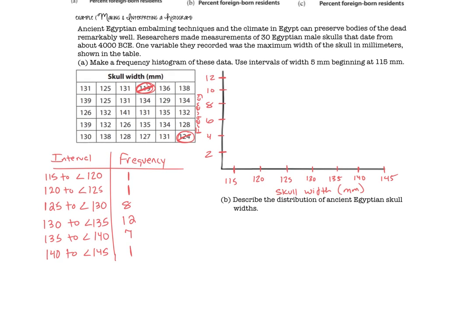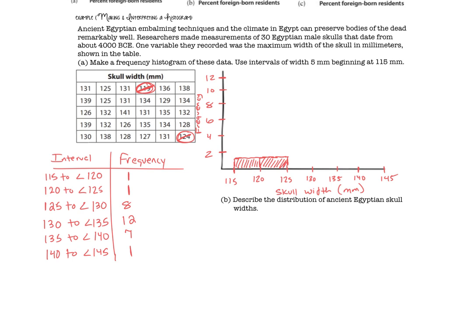And so what we're going to do is, from 115 to 120, we had 1 data point, so we're going to draw a bar up to 1 as best we can. And if you want to shade it or do some kind of design in it, that's great. And then same thing here from 120 to 125. We're just going to continue on with that.